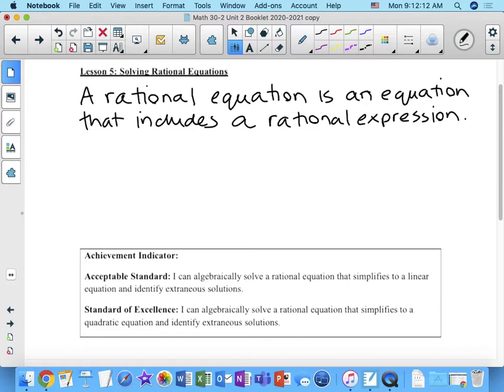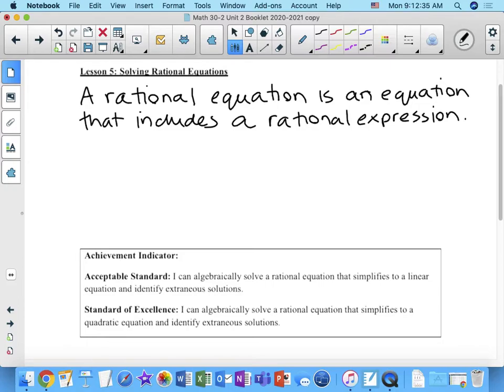Okay? Now, the way that we are going to solve these is essentially by multiplying the entire thing by an LCD. Okay. And what's going to happen is that we're going to be transforming these rational equations into either a linear or a quadratic equation, which is why we reviewed those last week.